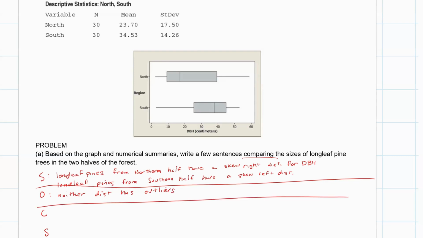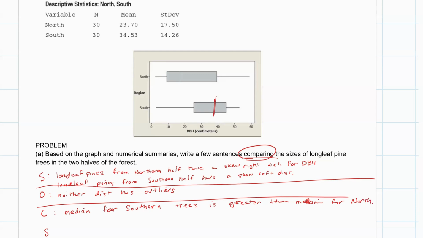What about the center? And remember, we're supposed to compare these. I'm going to say that the median for southern trees is greater than the median for the northern trees.